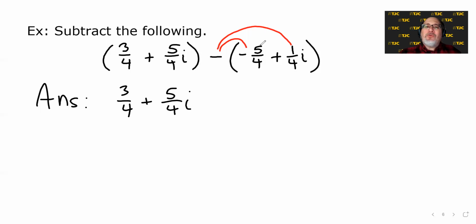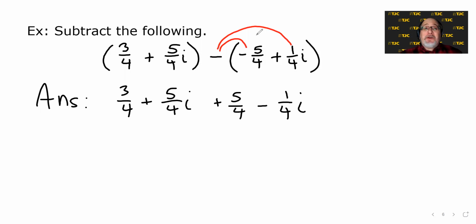And in the second complex number, the minus gets distributed and changes the signs of the terms in the second parentheses. The first term in the second parentheses was -5/4. Now it's +5/4. The second term was +1/4 i. Now it is -1/4 i.